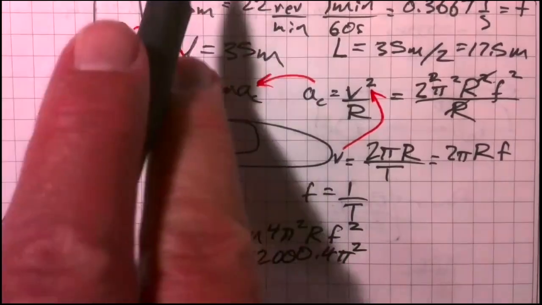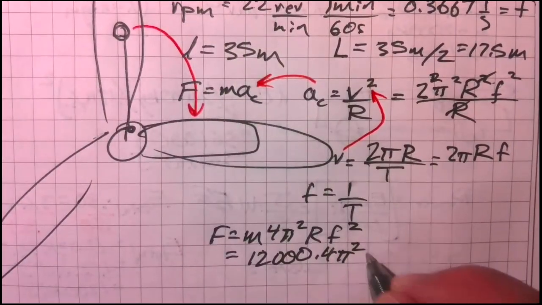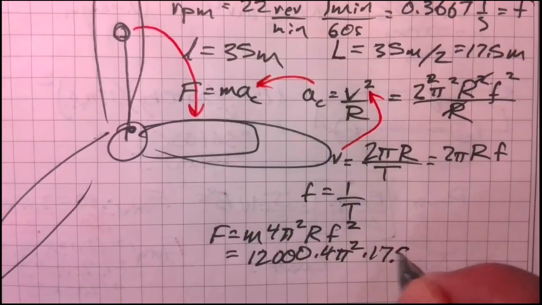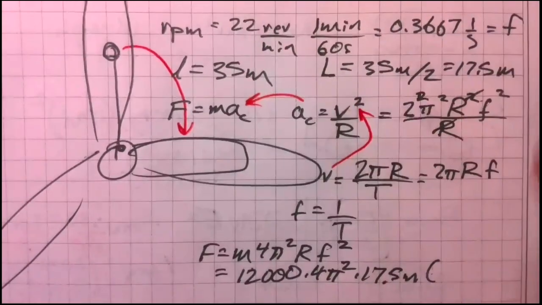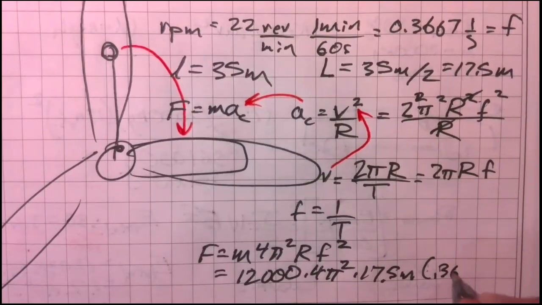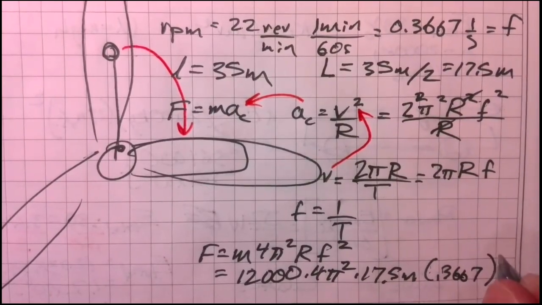And r is the length of this, which we said was 17.5 meters, times the frequency, which we calculated up here, 0.3667, squared.